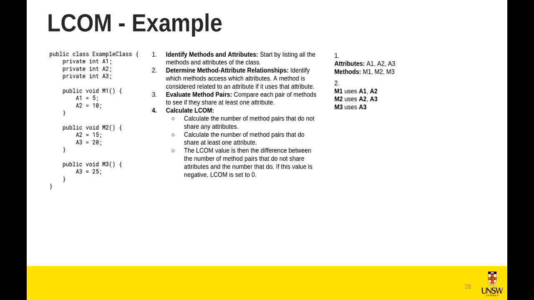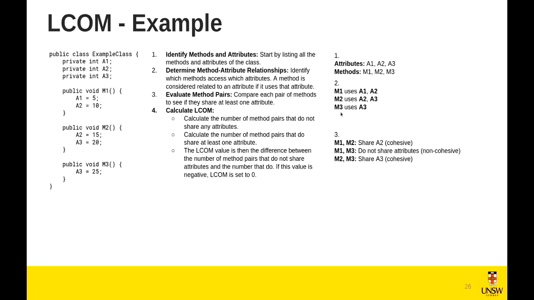For M1 and M2, do they share attributes? They share A2, right? For M1 and M3, do they share attributes? No. For M2 and M3, do they share attributes? Yes.